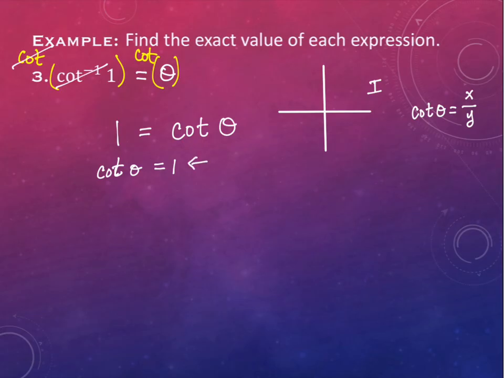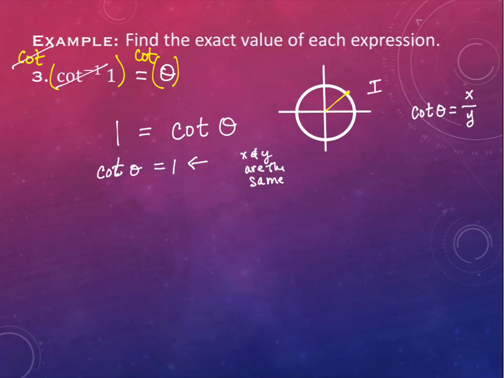What would have to happen with x and y so that when I divide them, I get 1? They have to be the same. Does that make sense? So this tells me that the x and y are the same. So where in quadrant 1 do I have an x value and a y value that are the same?